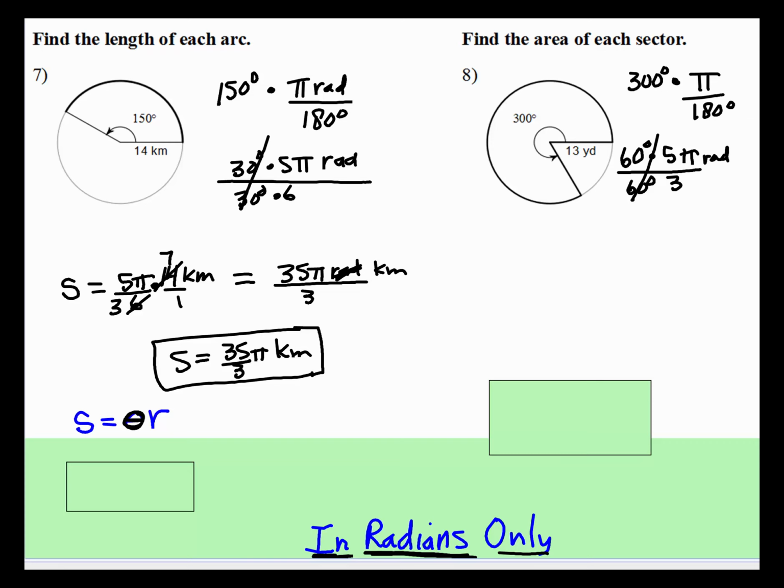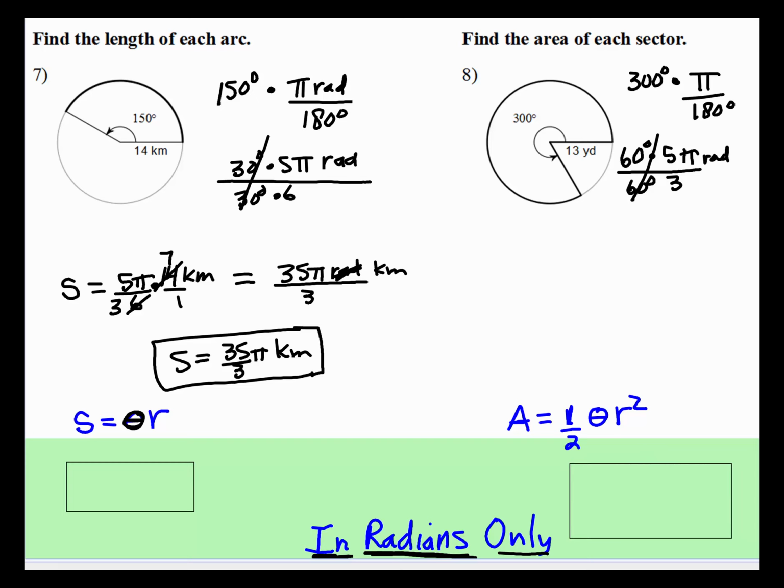So now to find the area of a sector, now that we have our radians, area is equal to 1/2 times the angle in radians, times r squared. Okay, so area is equal to 1/2 times 5 pi over 3 times 13 yards squared.